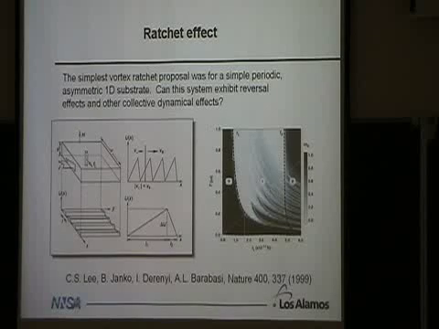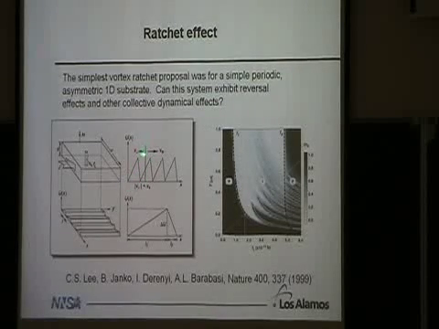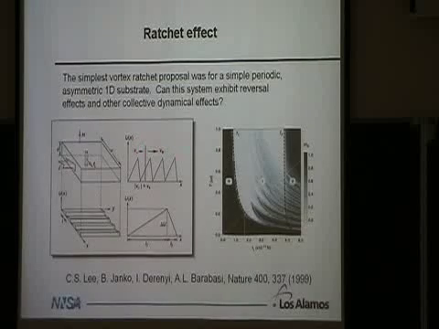This is why I call it quasi-one-dimensional. It's only modulated in one dimension, but there is a second degree of freedom for the objects here. So here you can see the shape of the potential, and you have an area where the force is going to push the vortices to the left, and an area where the force will push the vortices to the right.